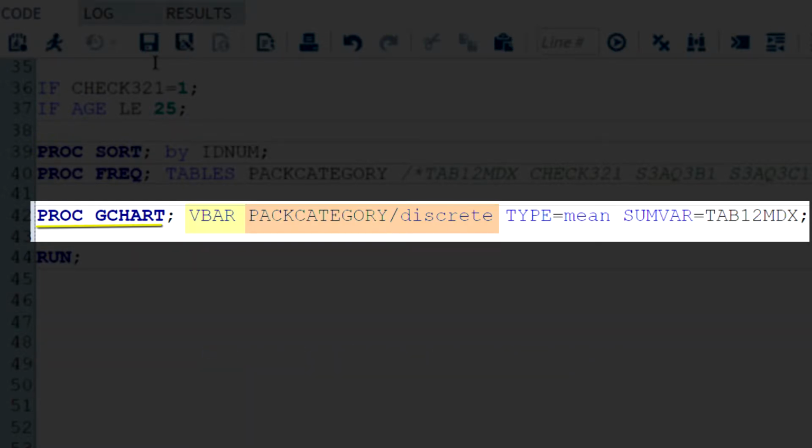The rest of the code in this statement provides instructions to SAS for how the response variable should be represented on the y-axis. Specifically, type equals mean requests a calculated average, and sum var is short for summary variable. So we're asking for the response variable, tab 12 mdx, to be displayed as a mean on the y-axis.